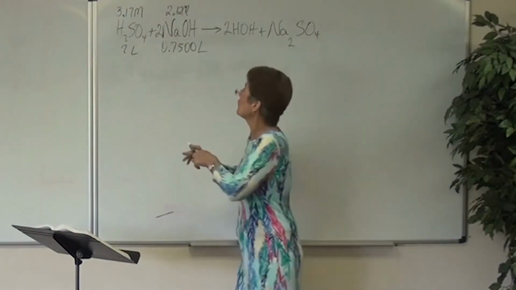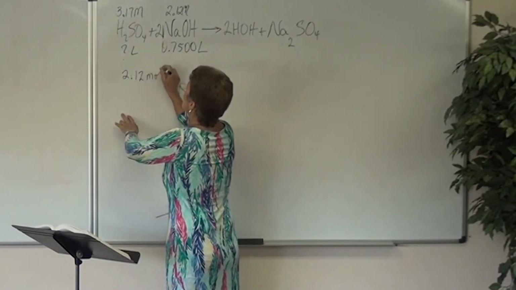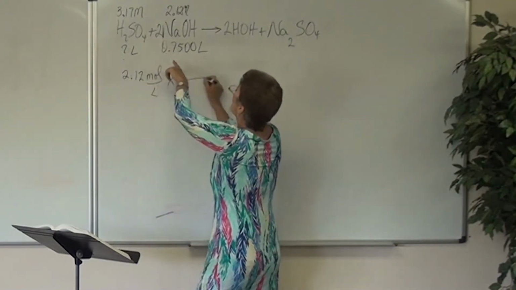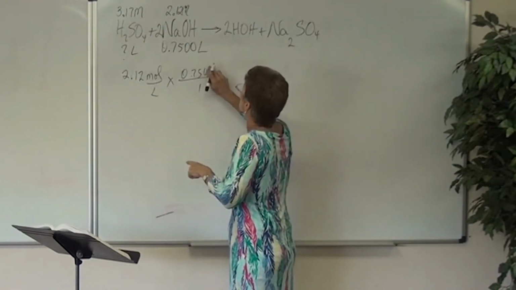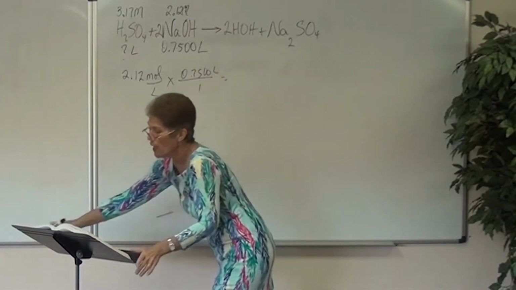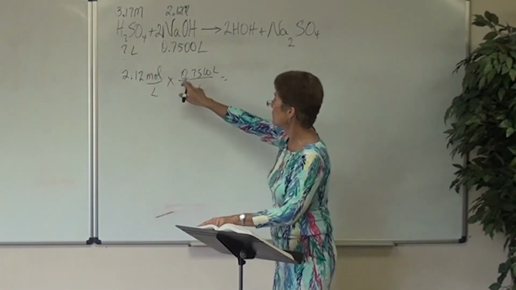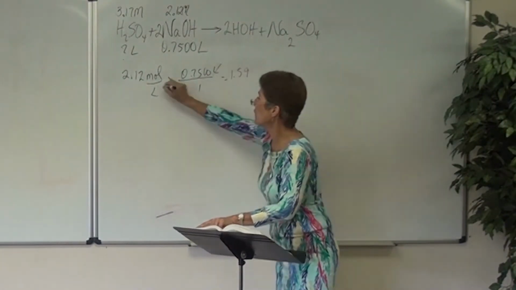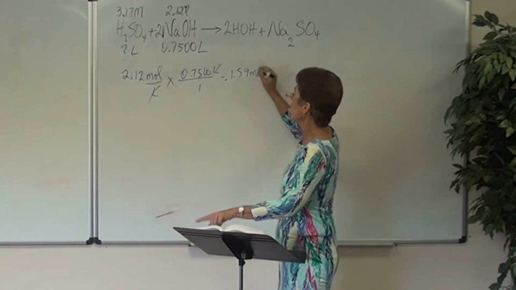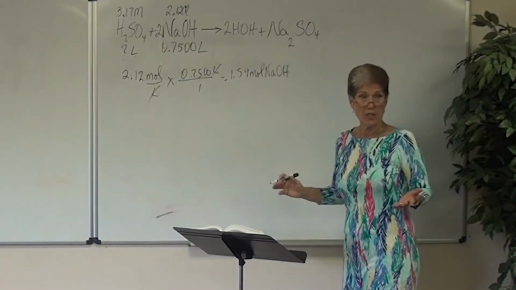You know that. So we got to get to moles, and we know that molarity is actually moles per liter. And right here we have the liters. I can write, really. And so that is going to give us 3 significant figures, 1.59. Liters cancel. I'll be left with moles, and that's moles of sodium hydroxide. So far, so good.